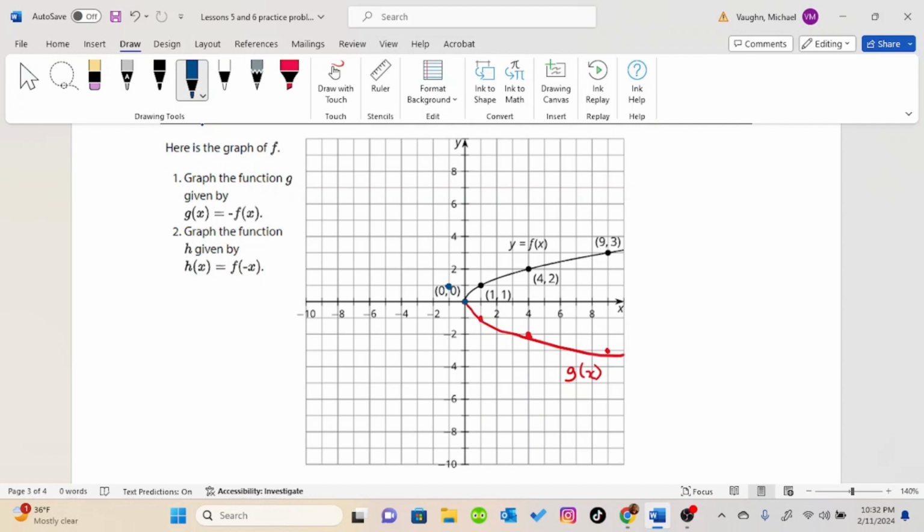This positive 4 becomes negative 4. And this positive 9 becomes negative 9. And then we draw the line that connects them. And the blue line is h of x.